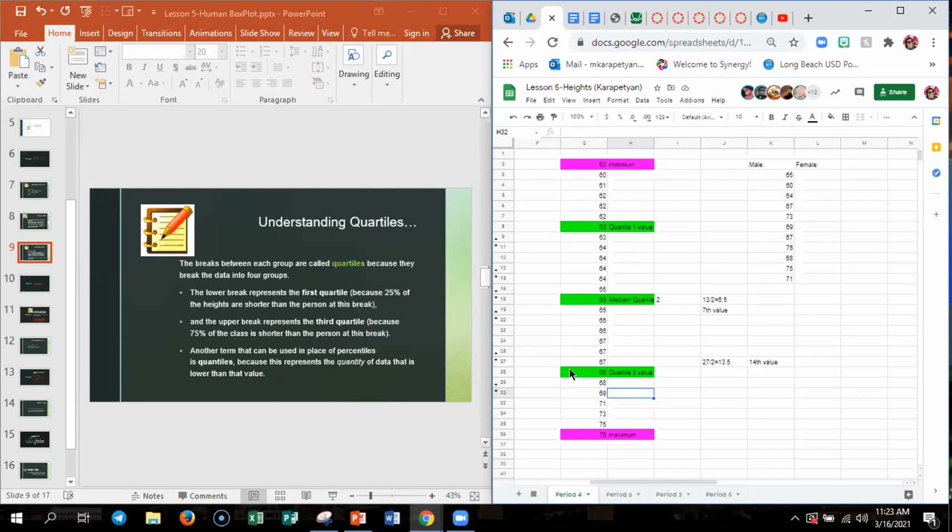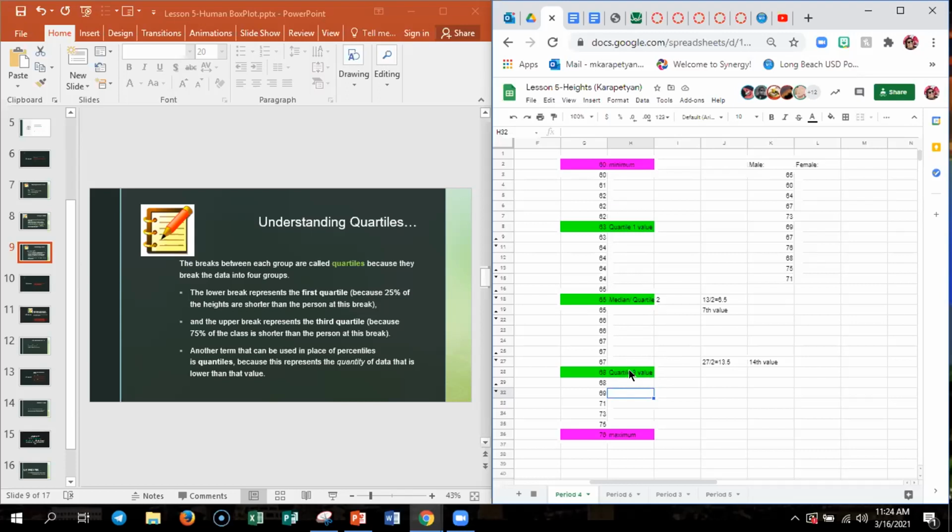When I move to quartile 3, the upper quartile, the upper break, this now includes 75% of the data. So this quartile 3 value, 68 inches, means that 75% of our data is shorter than 68 inches.